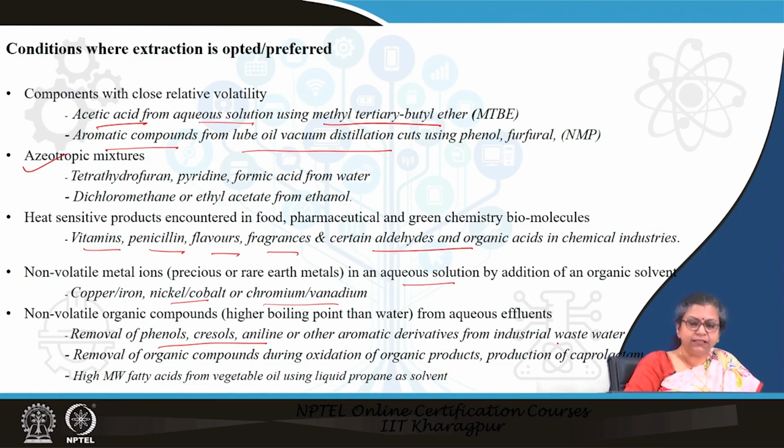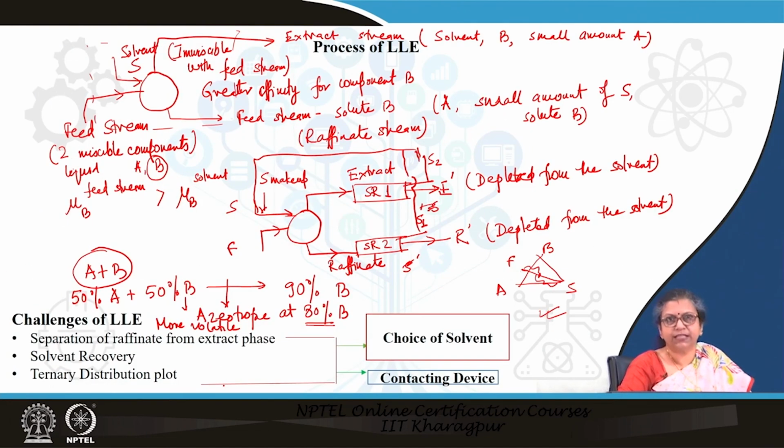This is a standard thing which is also used in food industries when we have to remove high molecular weight fatty acids from vegetable oil. Instead of going for vacuum distillation, which will be much more expensive, we prefer to use liquid propane as the solvent.